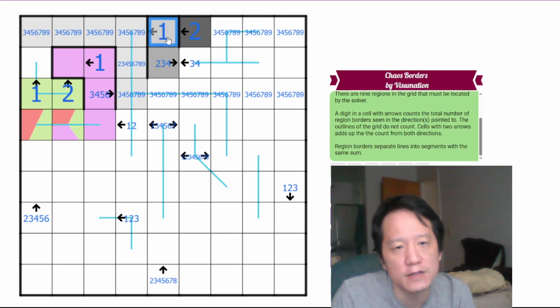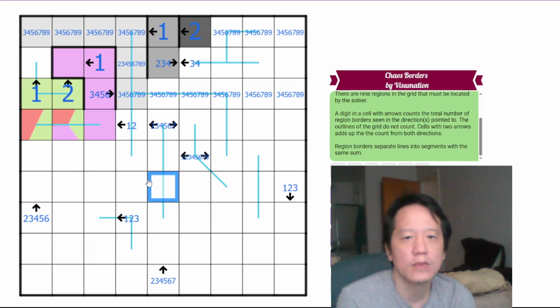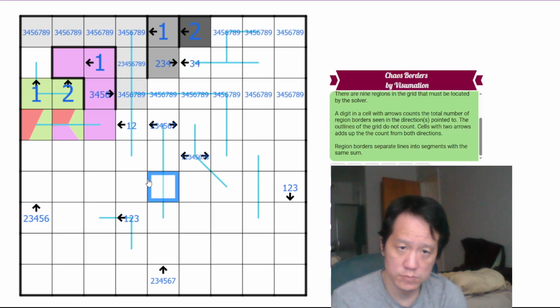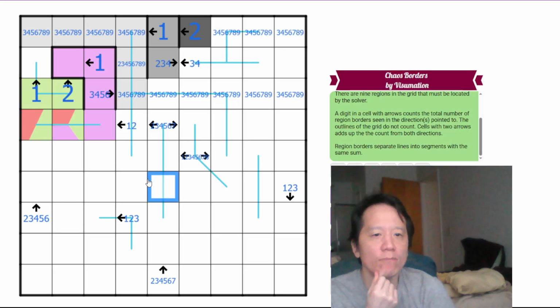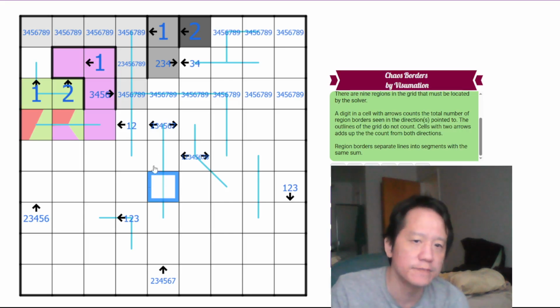This sees at least, so this is at most 7 regions, because it cannot see 8, because one of these region boundaries is gone. This needs access to a 1.